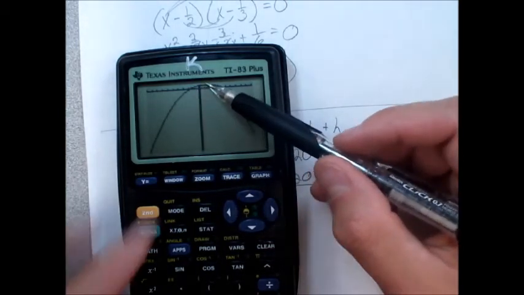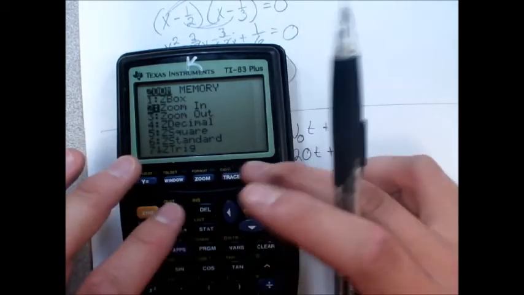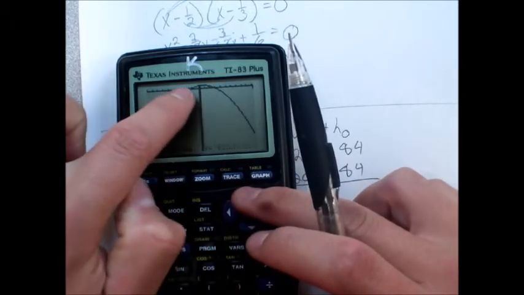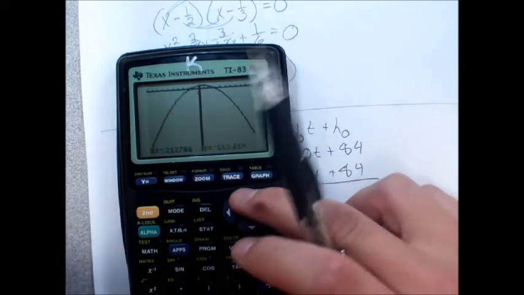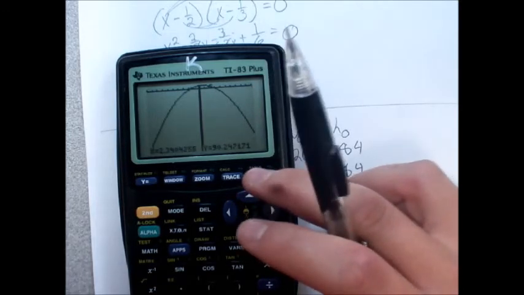I really want to see right up here, so I'm going to zoom in to the vertex, or near where my 0 is, because that's the interesting part too.